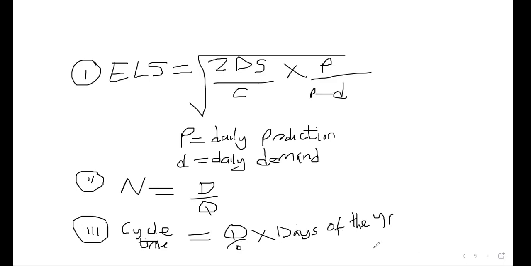Then we have length of production run, the time taken to produce a batch, number 4.